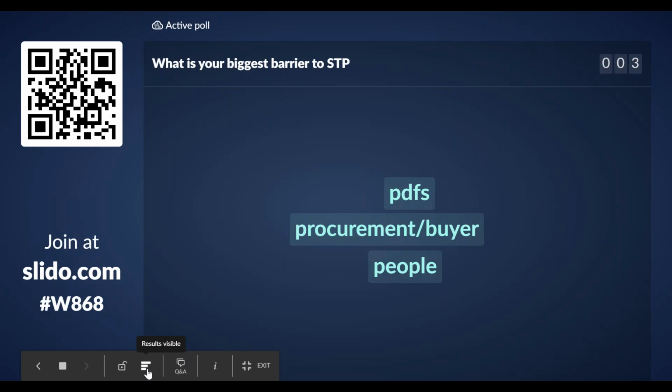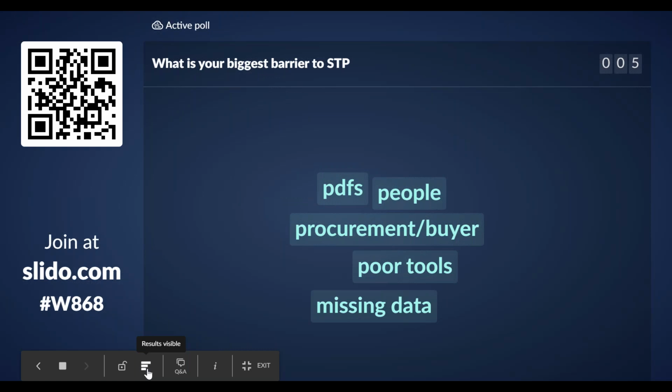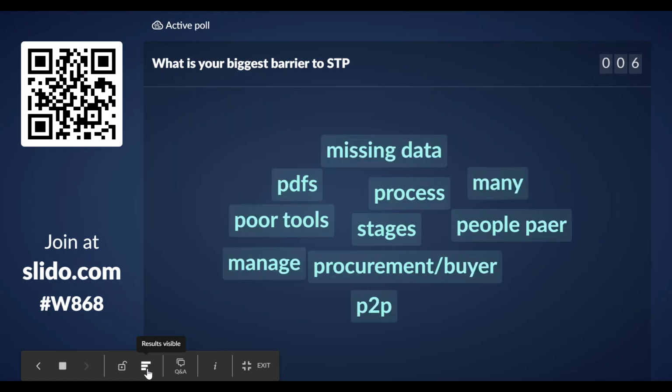And with these barriers, you can put in as many answers as you want, so if you want to do multiple answers, you can. Portals, many management processes, perfect. So I think some interesting results.